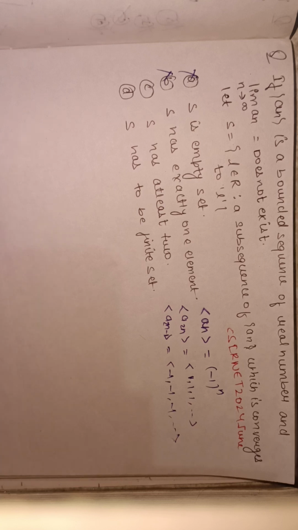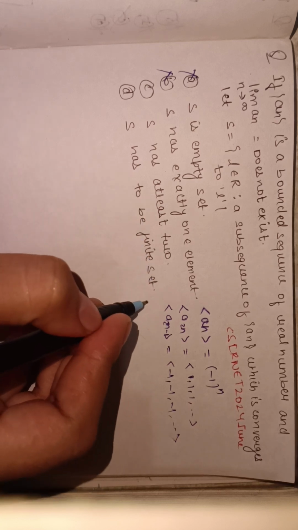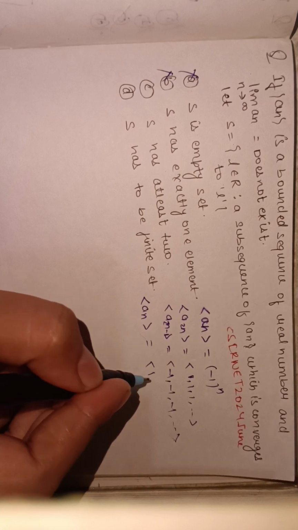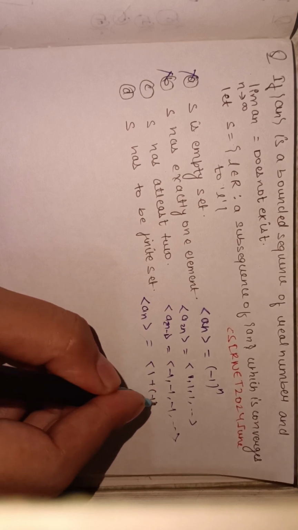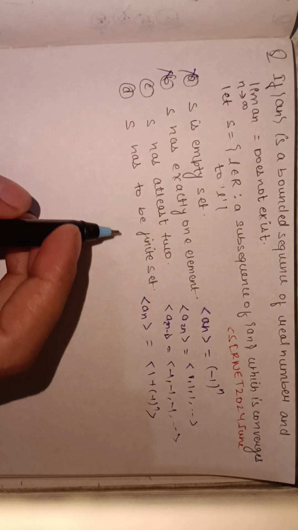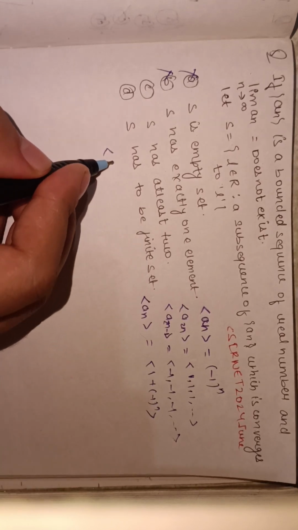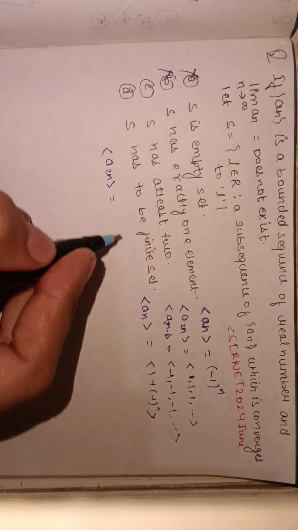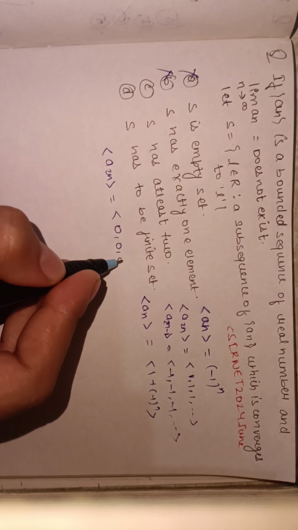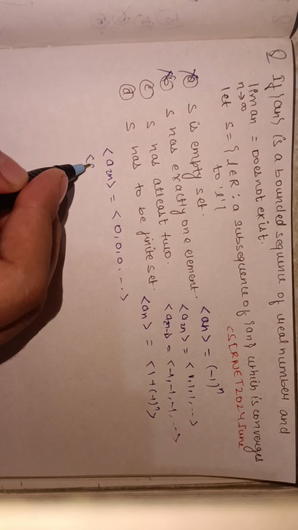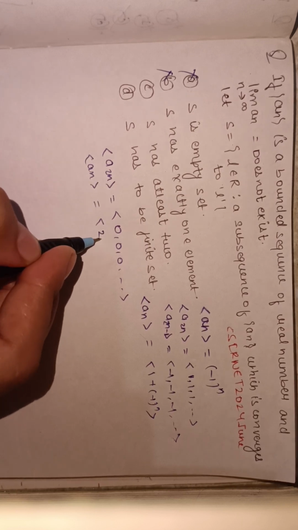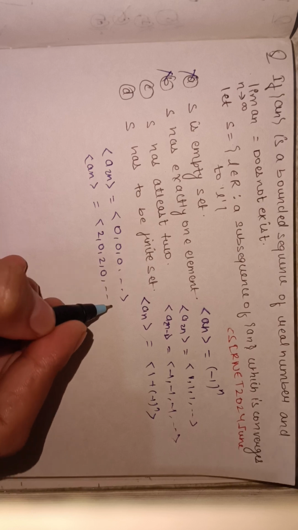So if we take an example, a_n = 1 + (-1)^n, then we see a_{2n} equals 0, 0, 0 and so on. a_n equals 2, 0, 2, 0 and so on.